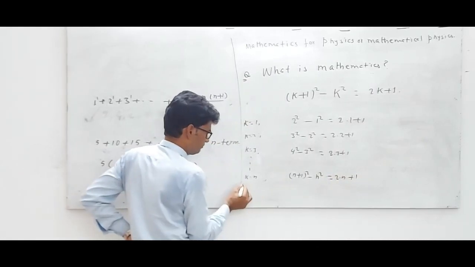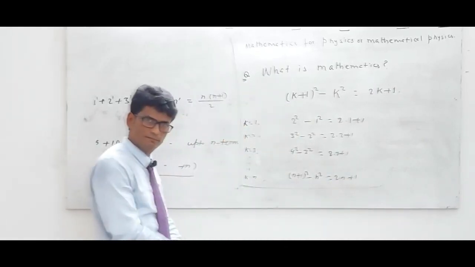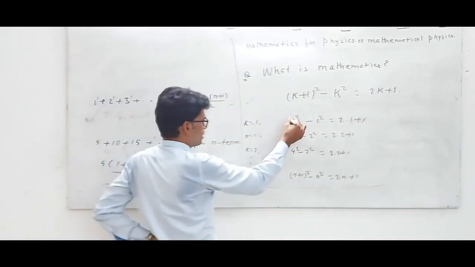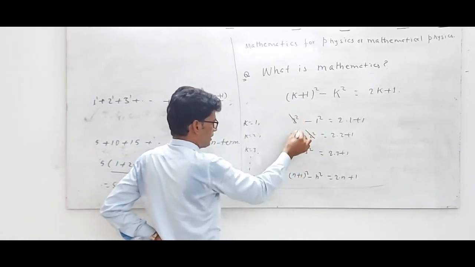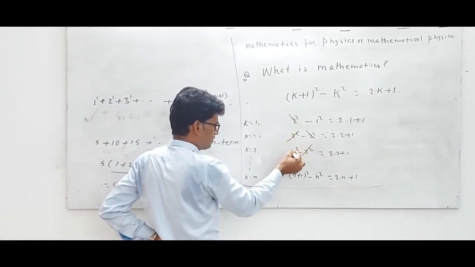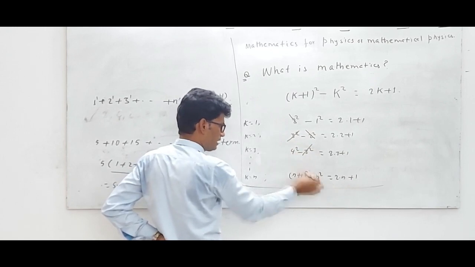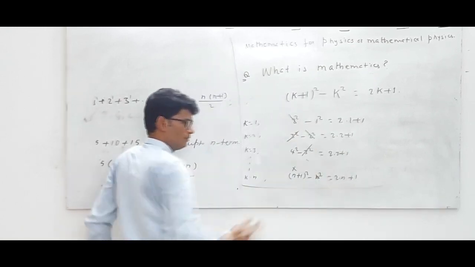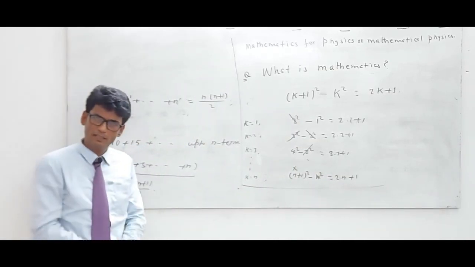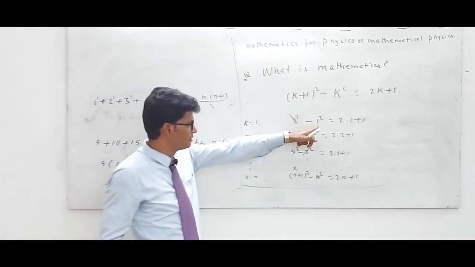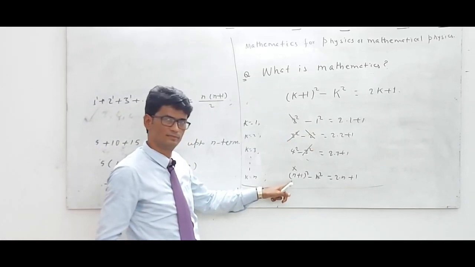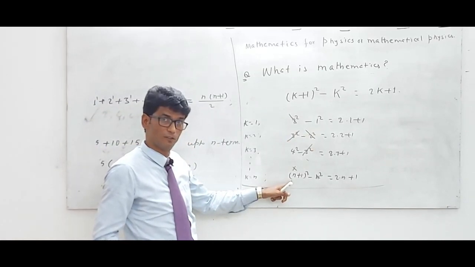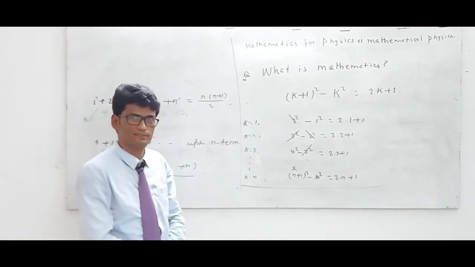Now add it all together. Look at here: plus 2 square minus 2 square cancel, plus 3 square minus 3 square cancel, and so on. What is left? The second term and the second last. Look at the cutting style.